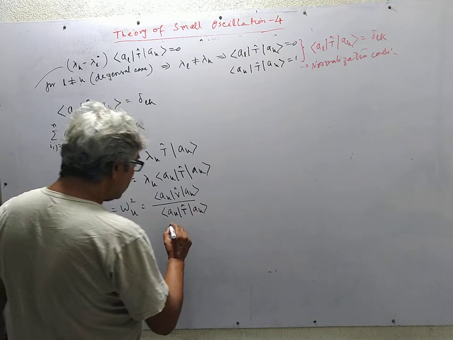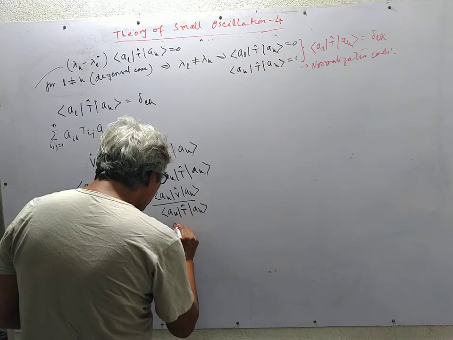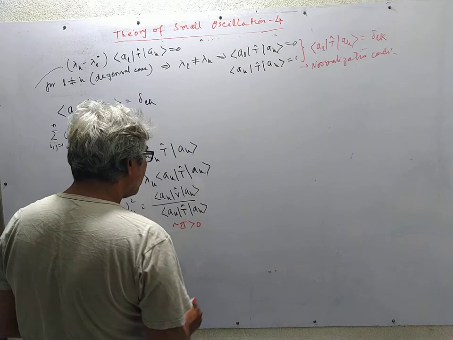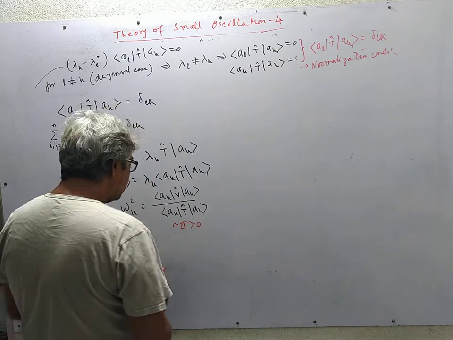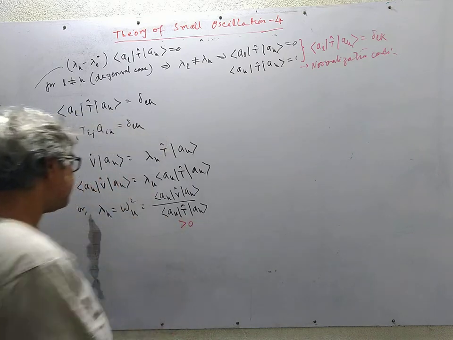Now we have seen that the denominator is comparable to twice T. This is comparable to twice the kinetic energy, and it is essentially positive. So this denominator is a positive quantity.